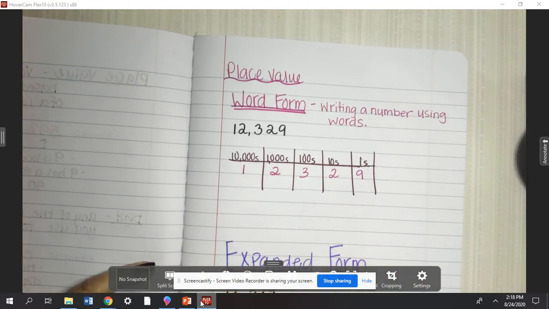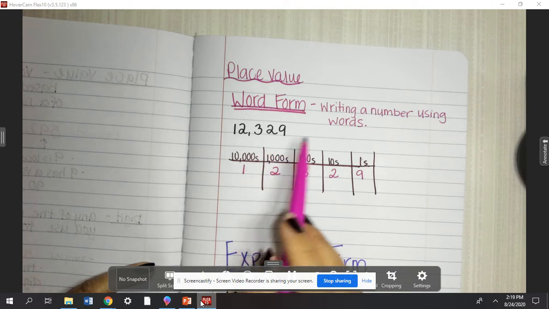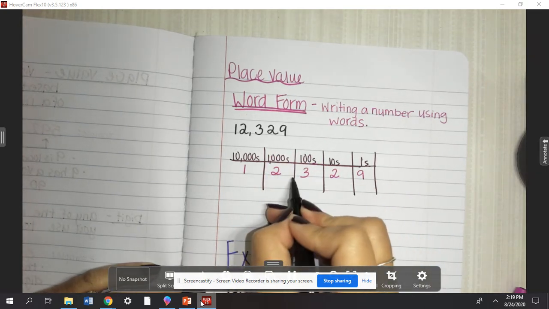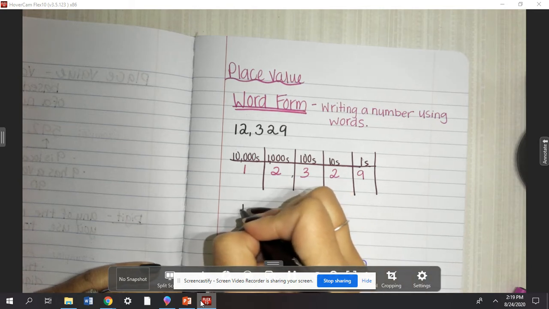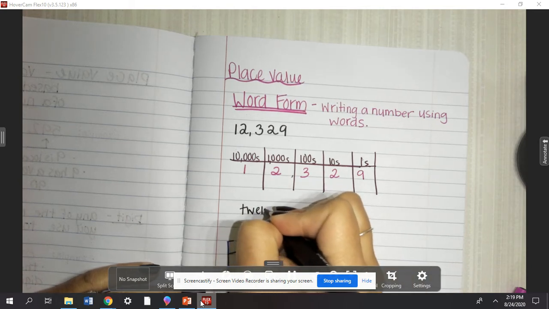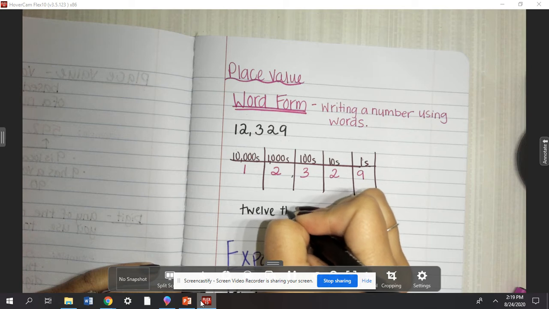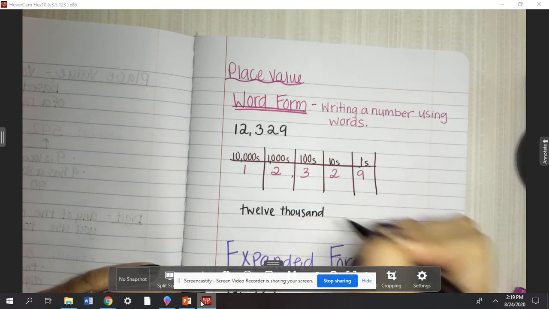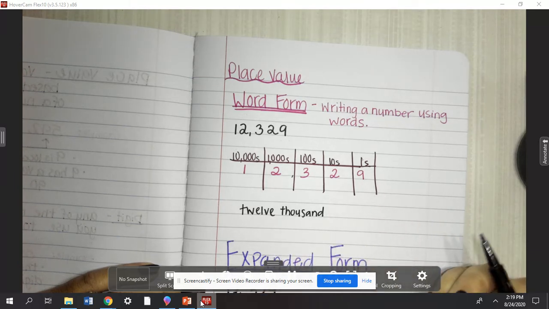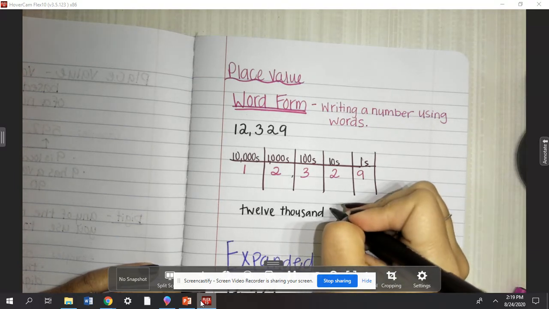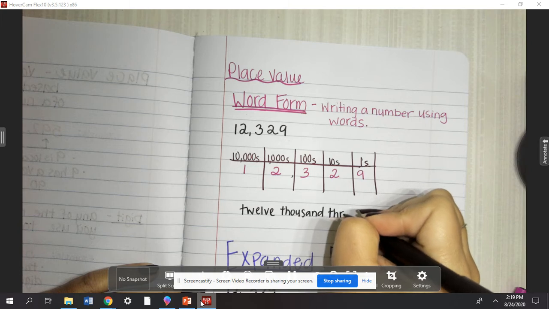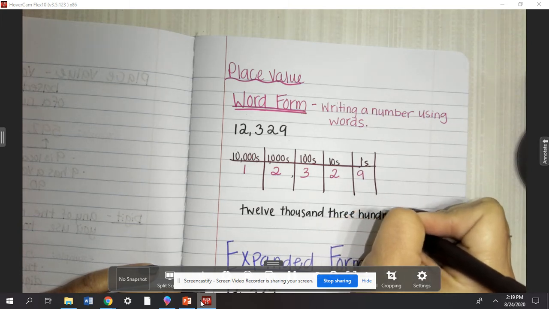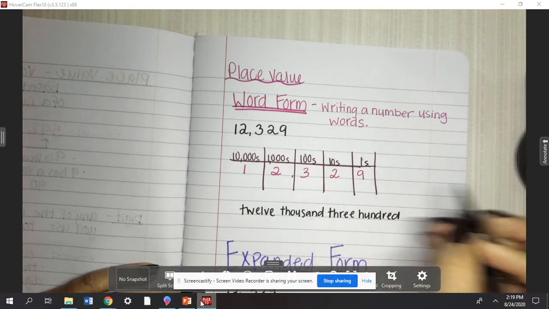So I'm going to take that number and I'm going to write it in word form. 12,000, so I'm going to write that. And some of you might have parents that write checks, and they write them in word form as well. 12,329.